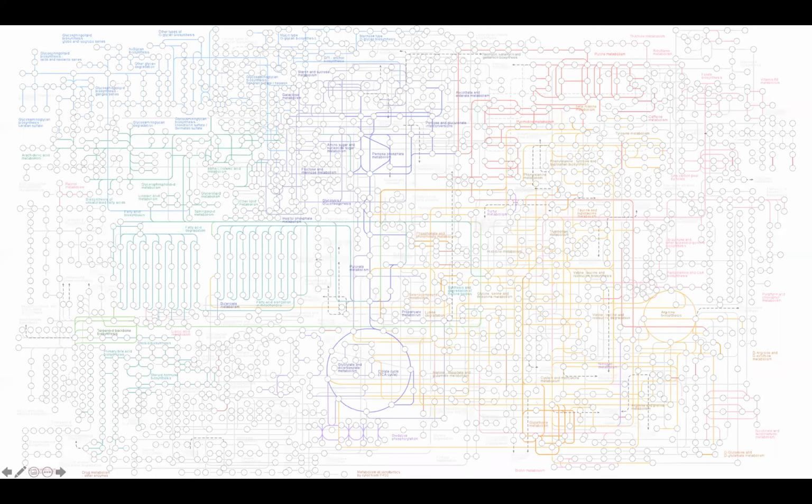All of the nodes, or the little circles in here, are metabolites, and the edges that are connecting them are enzymes. And in molecular imaging, the contrast agents that we use are frequently these nodes, these metabolites, or a derivative of them. But only a small percentage of those in this graphic have ever been used as molecular imaging agents, and a much, much smaller fraction of them have ever been used clinically.